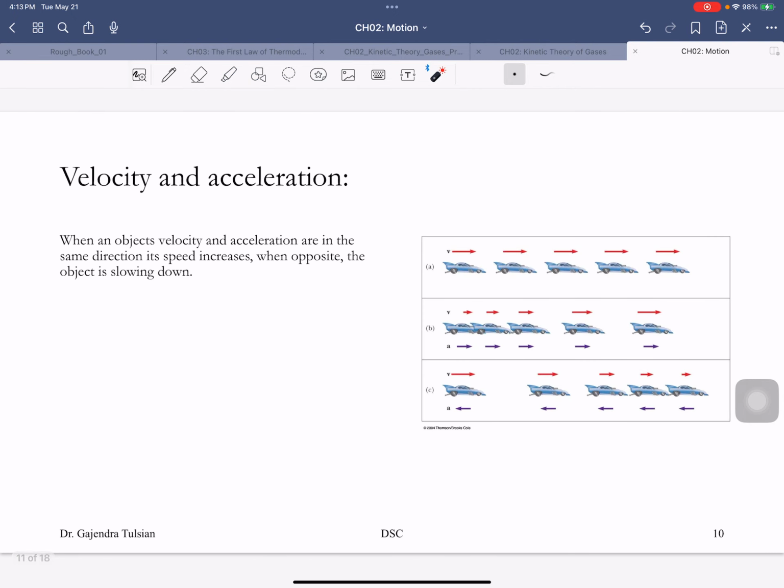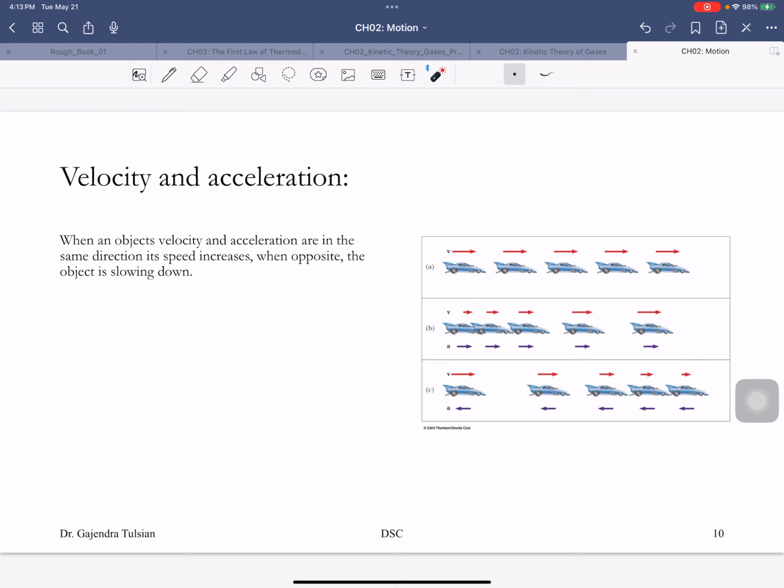All right, so here's the relationship between velocity and acceleration. Here's a car traveling at constant velocity, and that's indicated by the arrow pointing in the same direction and the magnitude of the arrow not changing. Here's a car that is speeding up.